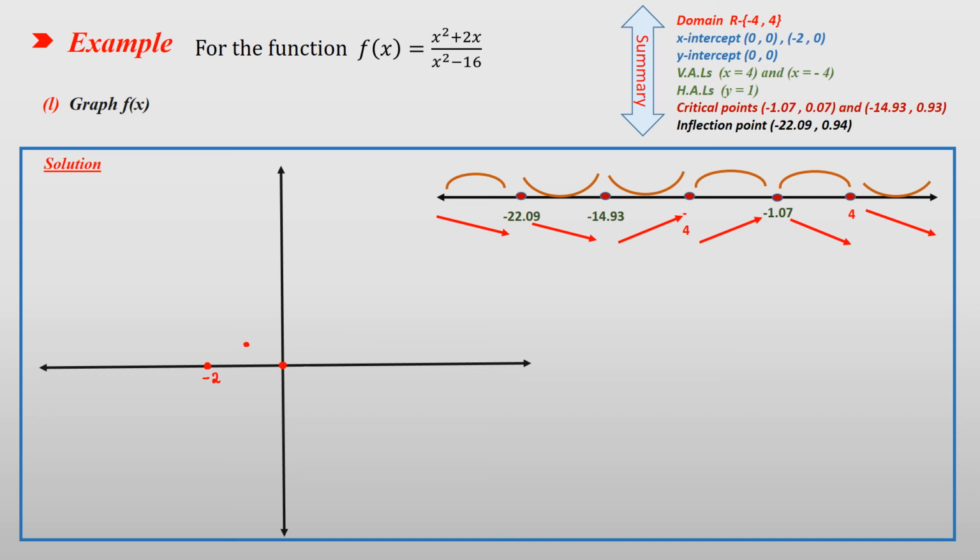And we have negative 14 with 0.93 here. This is negative 14.93, and we have negative 22.09 with 0.94.